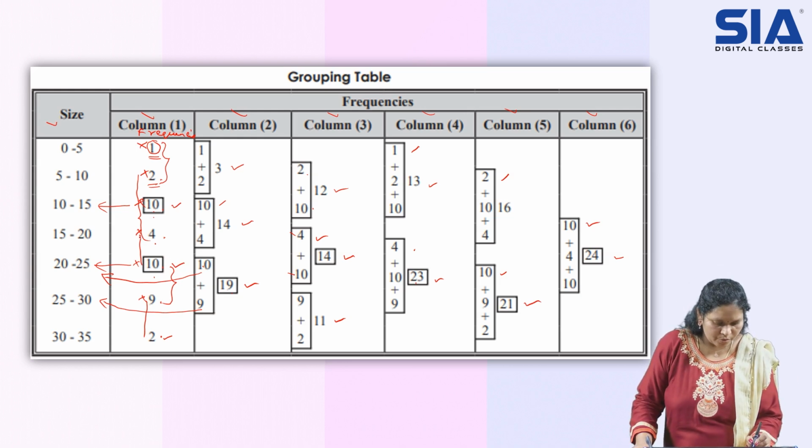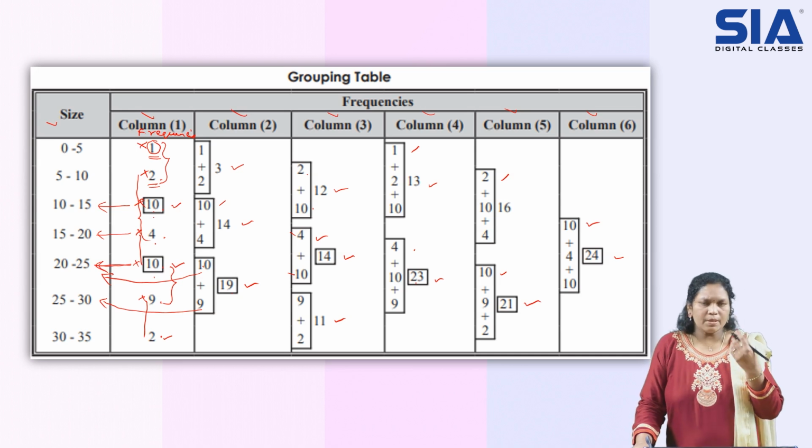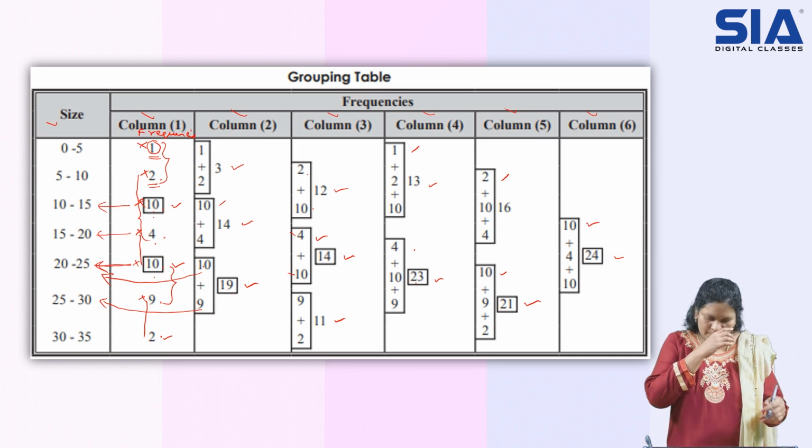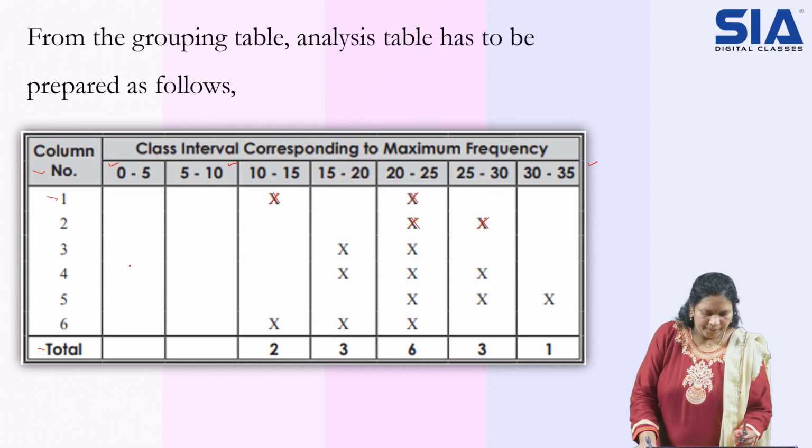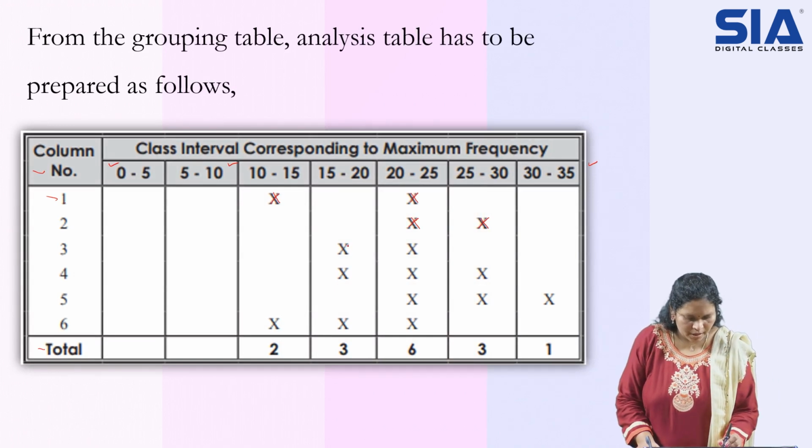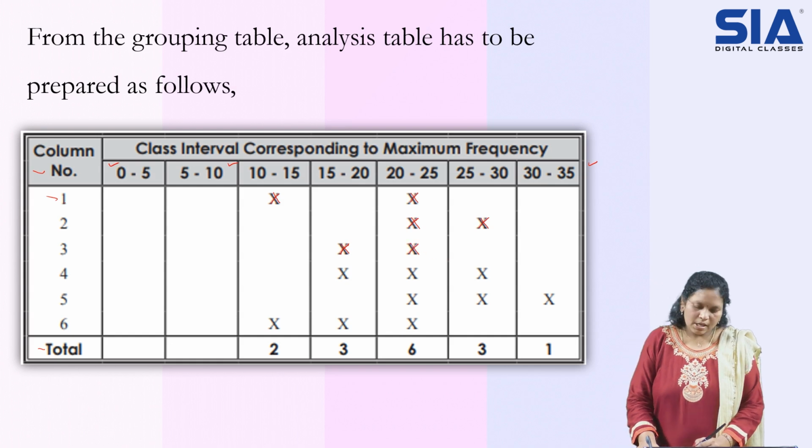So where we have 4 we have for 15 to 20, and 10 we have for 20 to 25 again. Because then separate rows will be identifying, right? So let us mark it. So first 15 to 20 we have, so make a mark over there, and then second value we have 20 to 25, make a mark in that particular class interval.